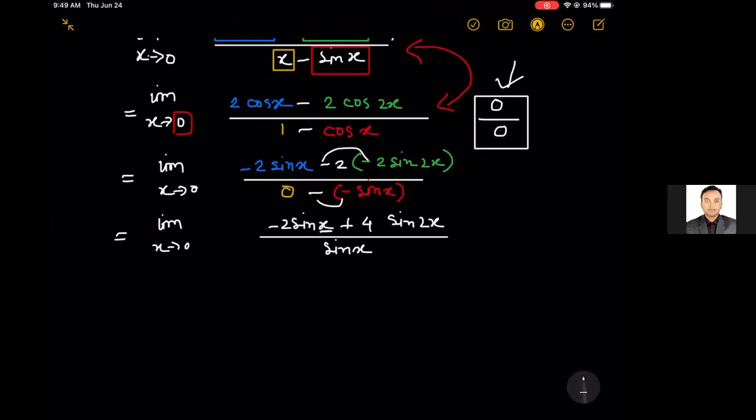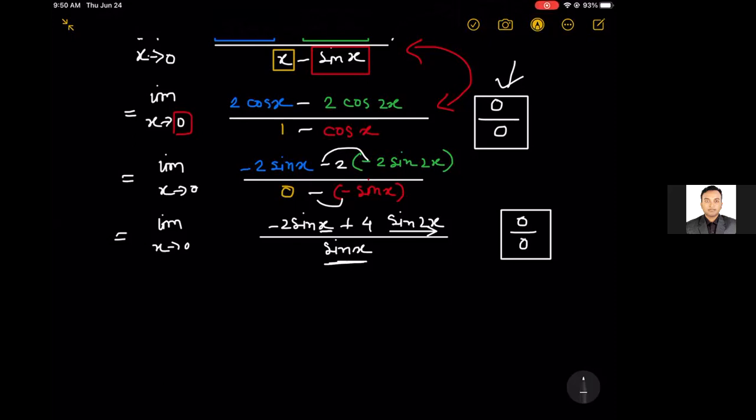This will also be 0 because this will be sine 0. And this will be 0 as well because this is sine 0. So we still have 0 over 0. Even after using the L'Hopital rule twice, you can see we have not got rid of the indeterminate form. So we can still use it one more time at least, if not more.